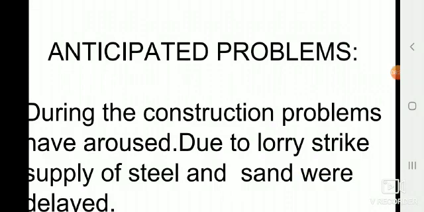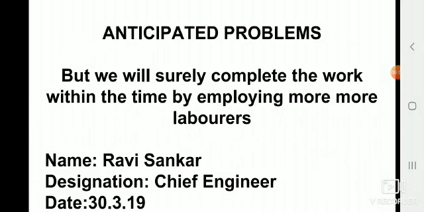Last one is anticipated problems. So if the construction is going on, whenever there is a lorry strike or whenever there is a heavy rain, you may face the problems. So I'll read. During the construction, the problems have arisen due to lorry strike. Supply of steel and sand were delayed, but we will surely complete the work within the time by employing more and more laborers.